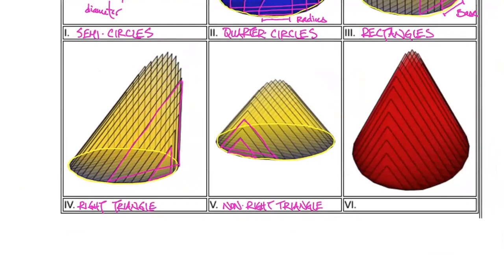And we could also say that that third one, this picture right over here, it's got that circle base again, and we've got triangles.